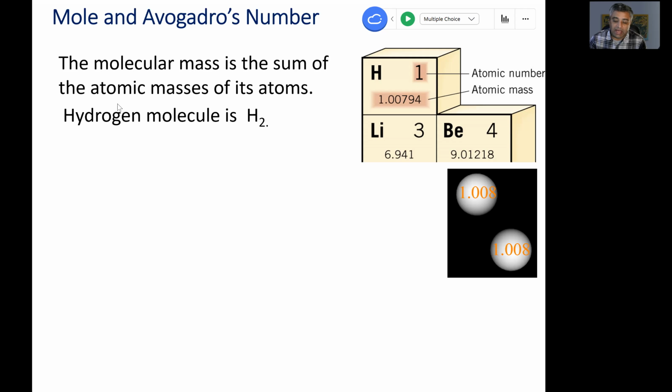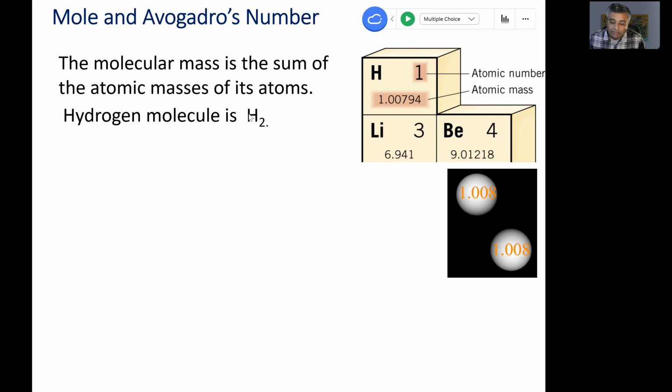Now, if we have a molecule, what happens? A molecule is a combination of atoms. If we want to find the mass of that molecule, for example a hydrogen molecule, because hydrogen mostly exists in gas form, a hydrogen gas molecule means two hydrogen atoms bonded together, right?